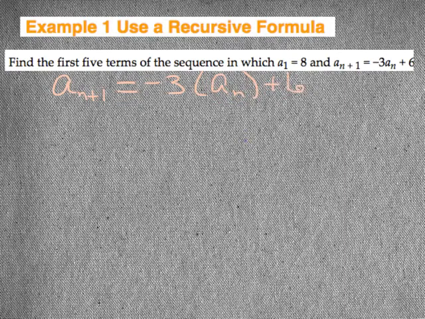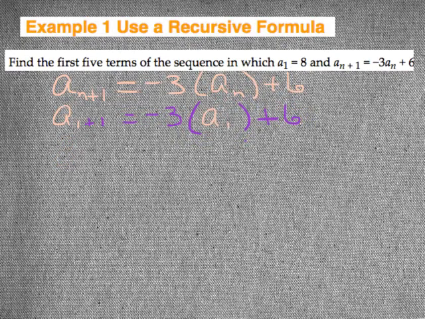So I'm going to substitute my clue. I'm using the previous term, which is a sub 1, in place of my a sub n's. And I'm going to replace my 8 in there.